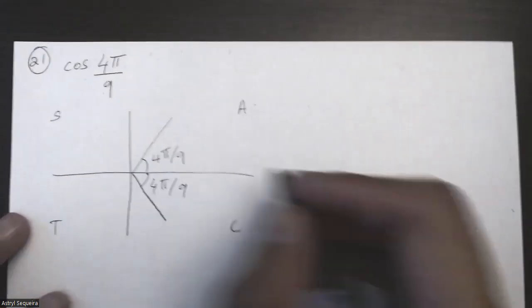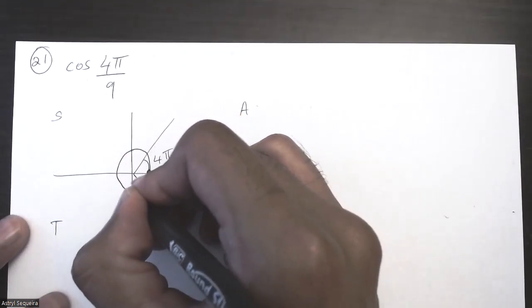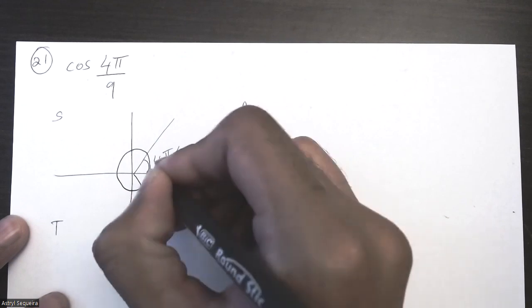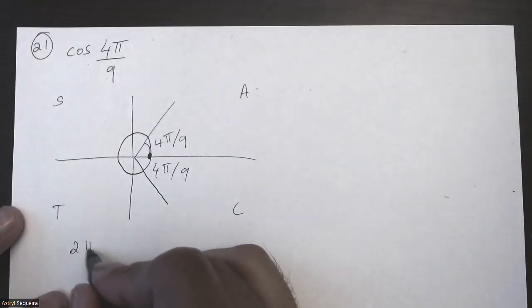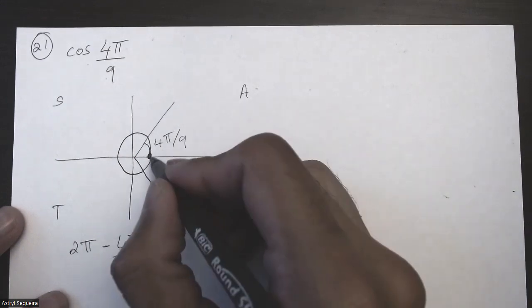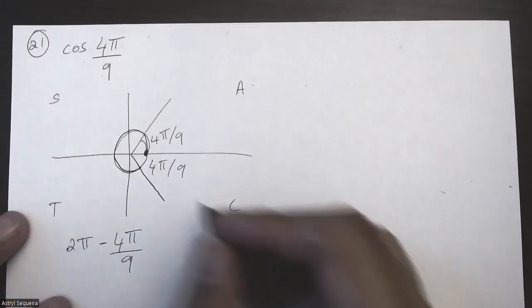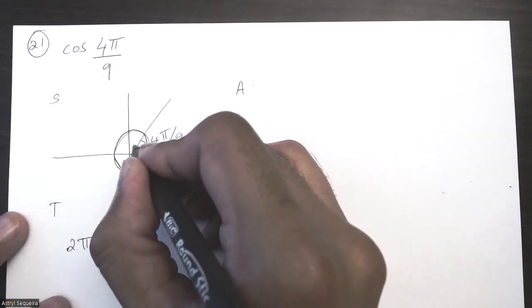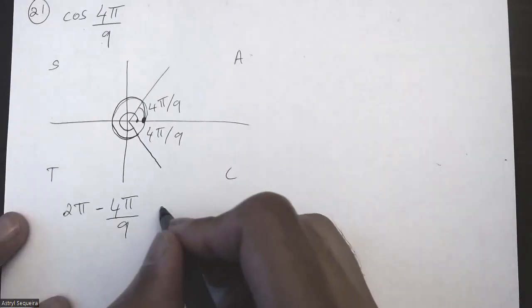And then I want to find this full angle over here. So full circle is 2 pi, and then I'm going to subtract 4 pi over 9. So then I'm going to find out this whole principal angle through this second line over here. I'll draw the angle a bit better here. So this angle right there, that's what I'm finding, my principal angle.